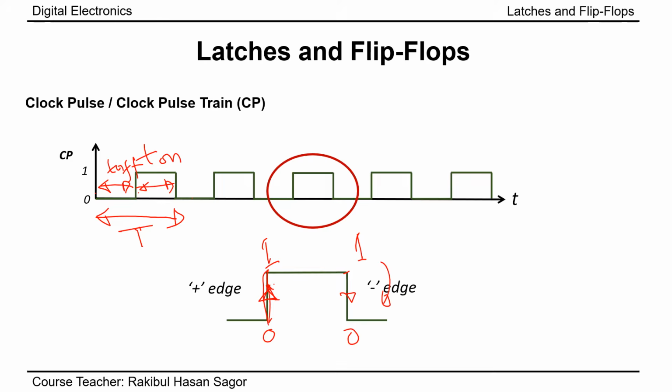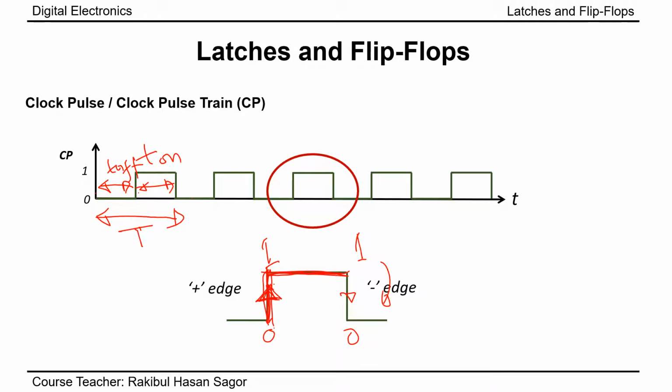Now sometimes we design our flip-flop that will change the output when the clock pulse value is 1. Then this type of flip-flop is called level triggered flip-flop. Sometimes we design our flip-flop to change when clock pulse goes from 0 to 1. During this transition period, whatever the value of S and R, it will change the output. That type of flip-flop is named as positive edge triggered flip-flop.